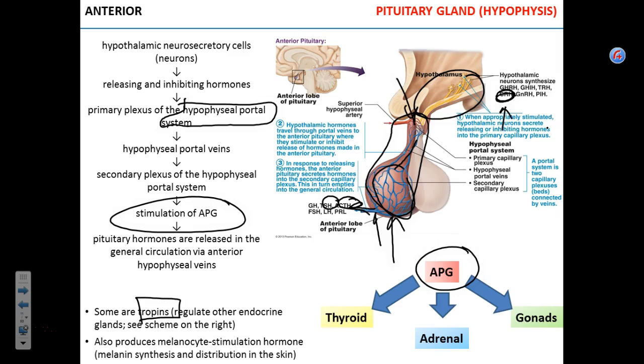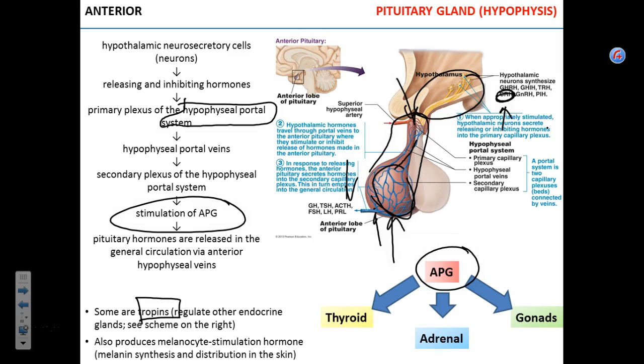So follicle stimulating hormone and luteinizing hormone are gonadotropins. They will regulate production of testosterone in males and estrogen and progesterone in females. Corticotropin, or adrenocorticotropic hormone, will regulate the production of cortisol and aldosterone and other corticoid hormones.